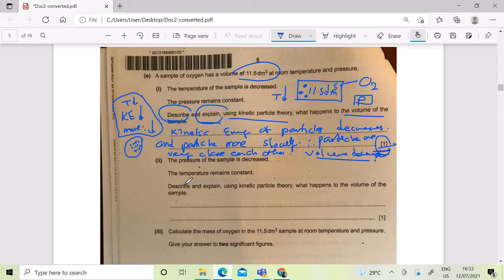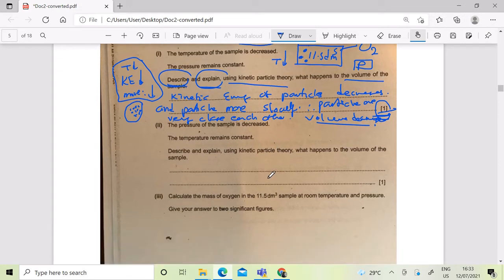Second part. Still you need to use the kinetic particle theory. The pressure of the sample is decreased. What did you do? You have an oxygen sample, particles are there, and the pressure is decreased. One way of decreasing pressure is to increase the volume.